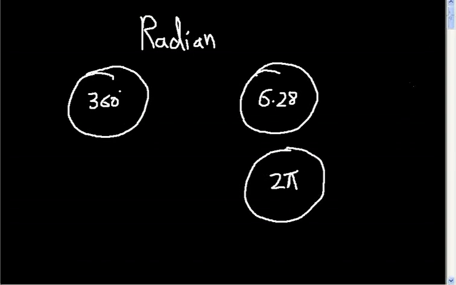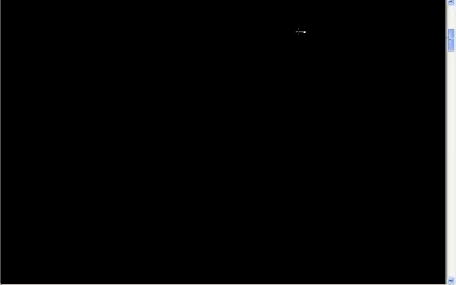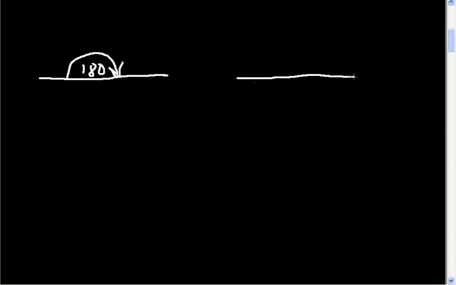Now let's look at another angle. If you have 180 degrees in one straight line, that same measurement in radians would be pi, which is about 3.14. It's just like inches and centimeters, where you'd measure lengths using inches or centimeters.